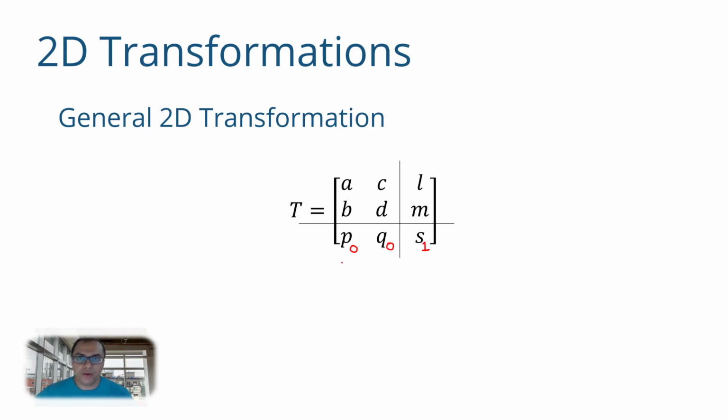They can be some P, Q, S, and we will see what this P, Q, S represents in its most general form when we talk about viewing transformation. So that is when we will start using these elements. That is all for 2D transformations, and in the next lecture we will start discussing 3D transformations. Thank you.